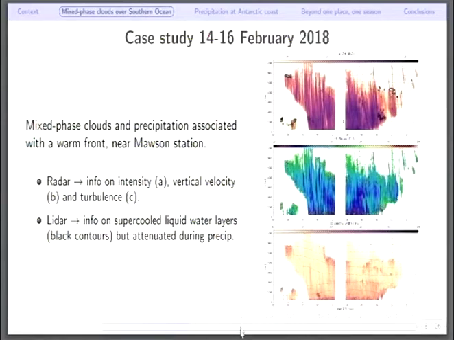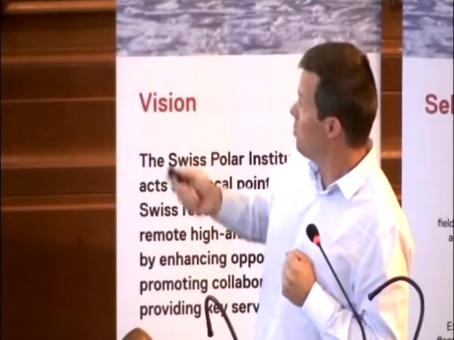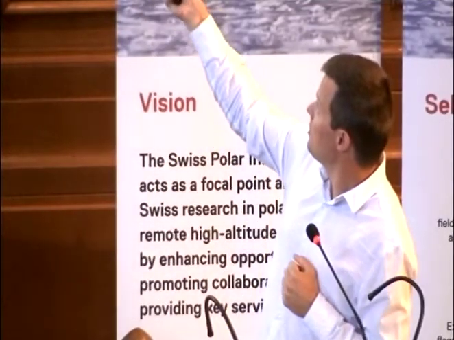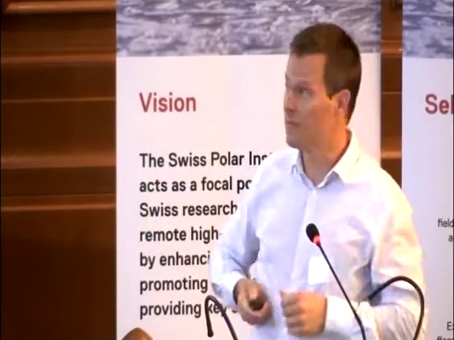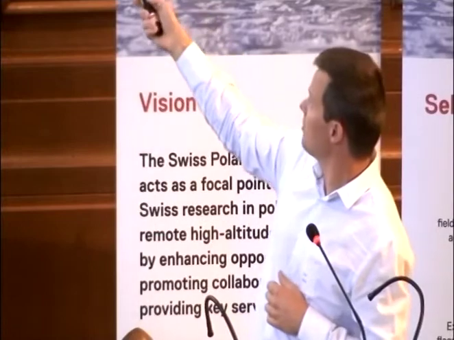Again, supercooled liquid water means liquid droplets at much colder temperature than 0 Celsius. It should be noted that during precipitation, so mostly this part, the LiDAR is completely blind, it's attenuated, there's too much falling. And this gap here is where the radar stopped working. So this is the case.